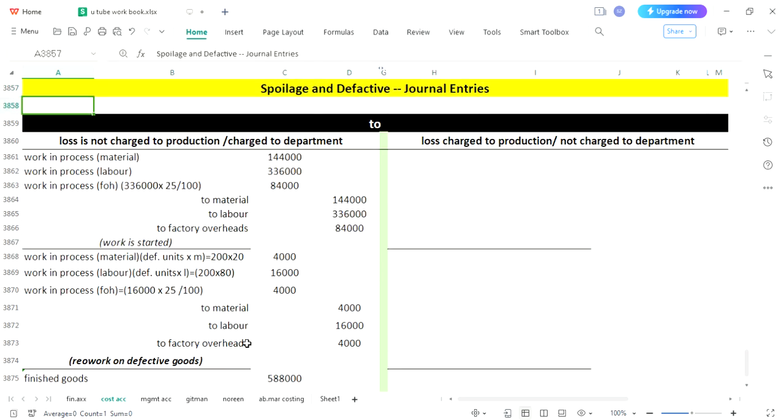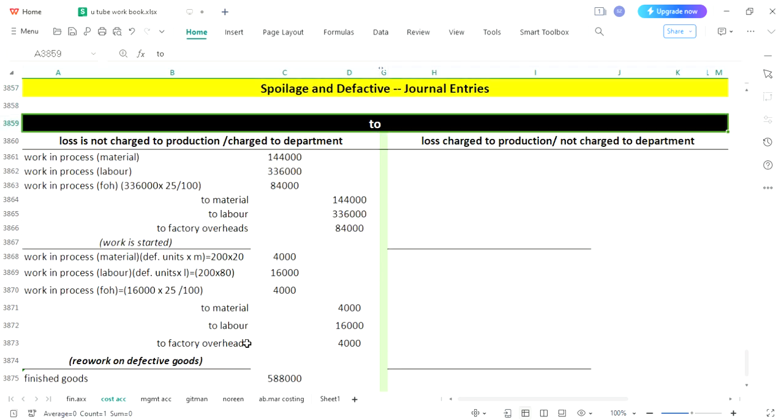and for the second part there is good news for you. And what is that? The heading has been removed. I don't know how, but we'll have to do it again. Journal entries for defective goods.